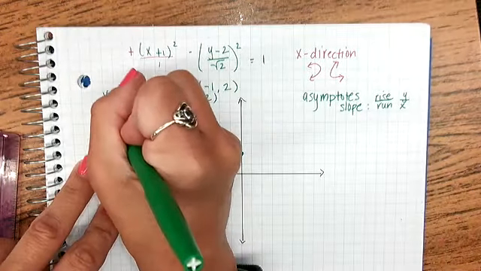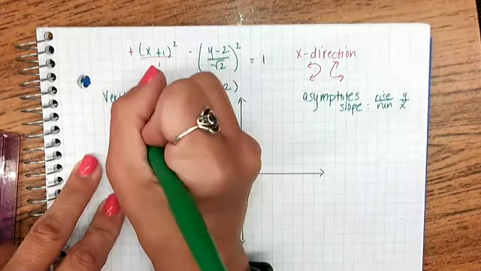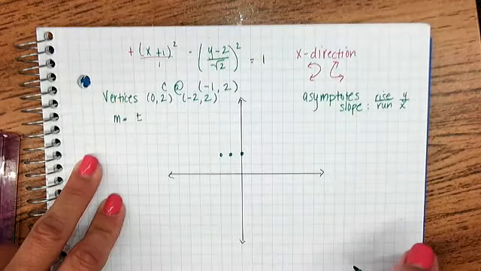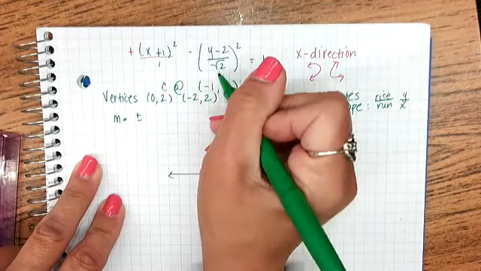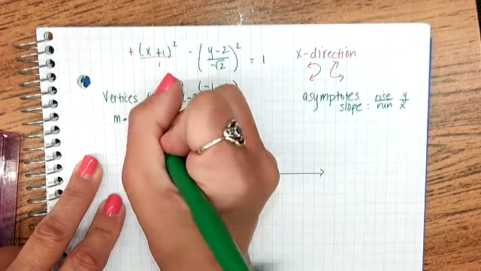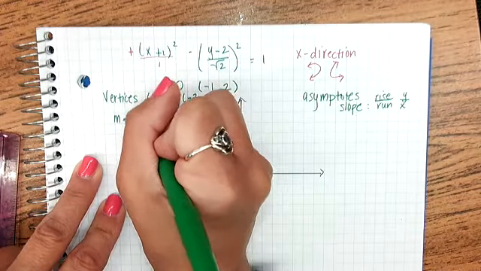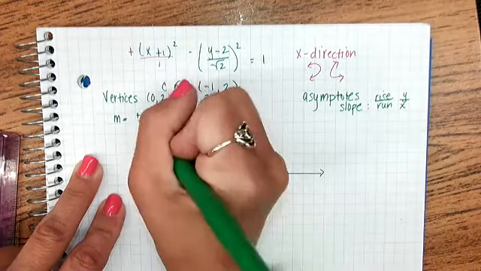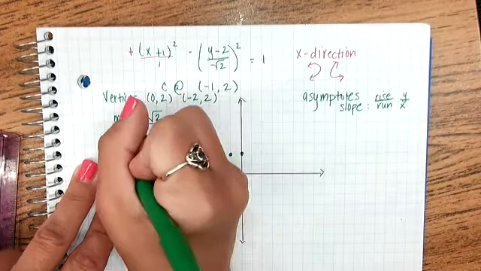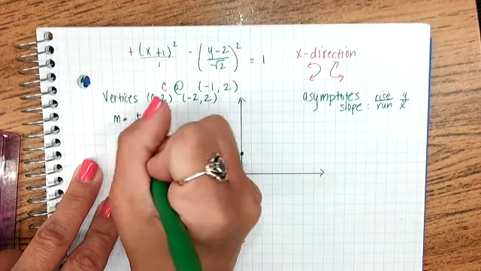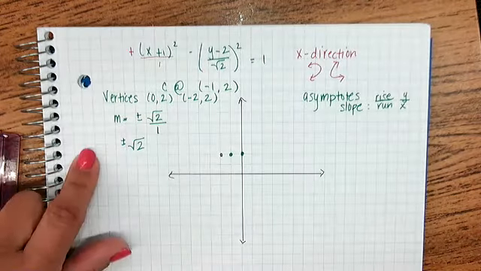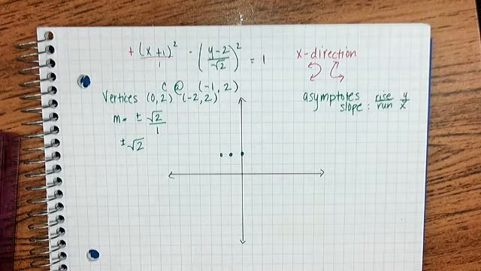So the slope is going to be plus or minus because there's going to be two of them. The denominator associated with y is root 2, and the denominator associated with x is 1. I'm just writing that so you can see how I got the root 2. This is the slope. This is not the asymptote.